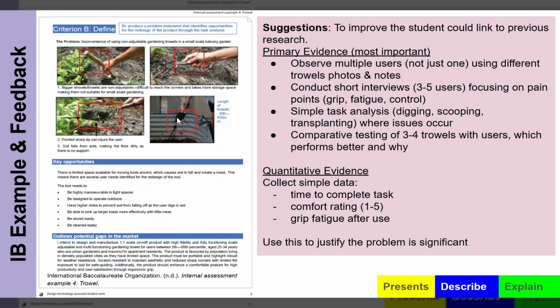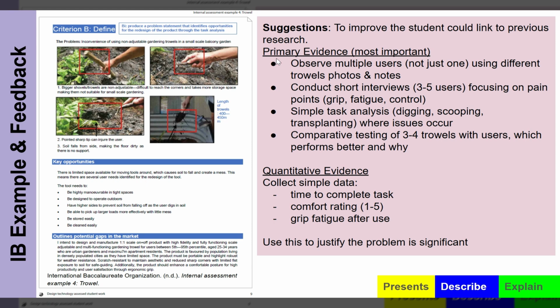So you're writing the synthesis of the research as opposed to generating new research, which the student has done. Personally, I don't feel this should have been awarded top band, because they are presenting new information as opposed to looking at the information that was in criterion A. And this is clearly stated as criterion B.